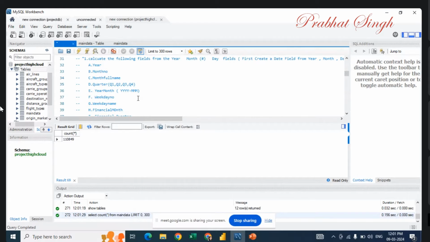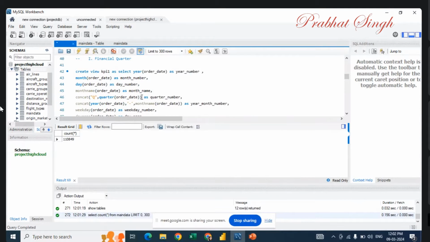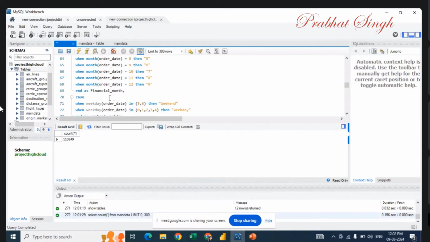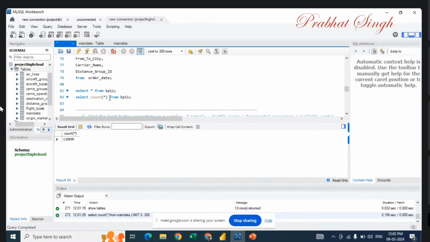Here we need to calculate the fields of year, month, and month number. This is the query. I've created the view as KPI1 and written the queries separately for quarter, month, and weekday and weekend.